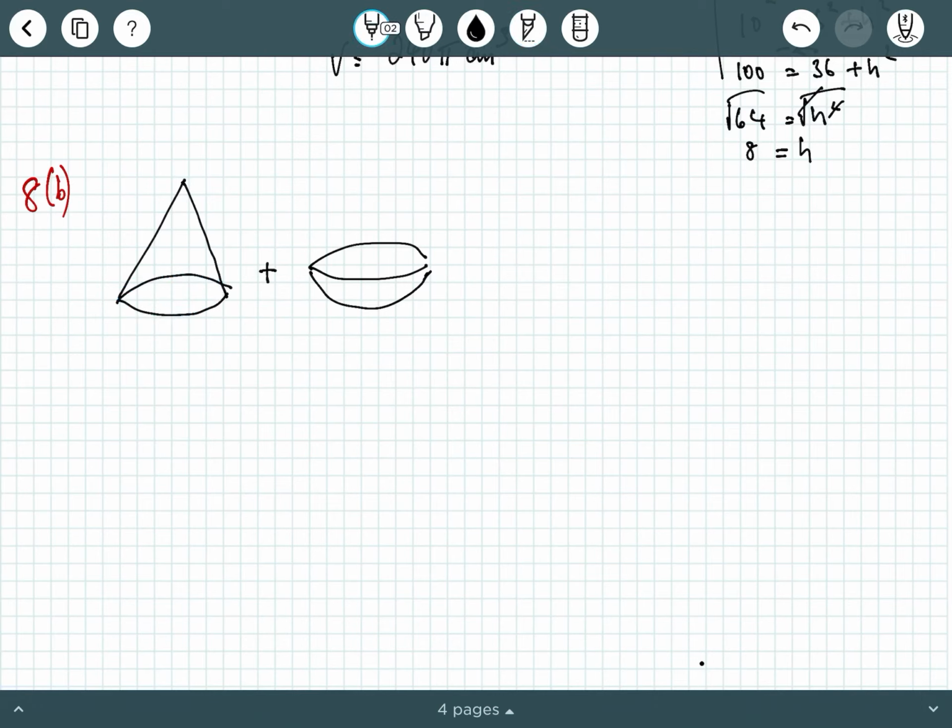So the curved surface area for a cone is pi r L. So I'm going to write C S for curved surface area, equal to pi r L. Now, you've also got your hemisphere.